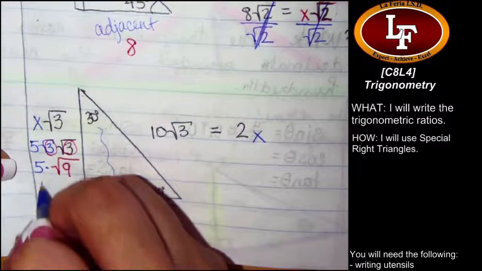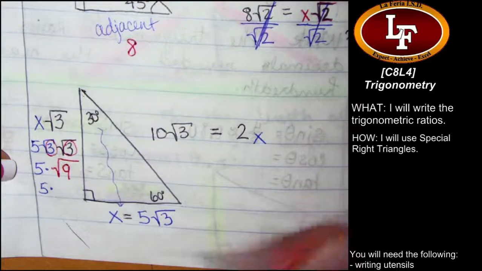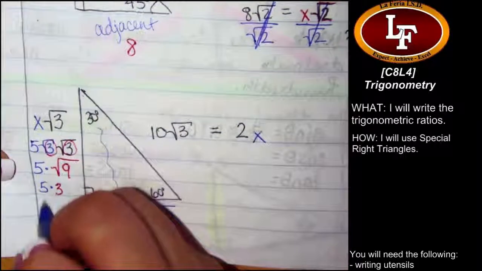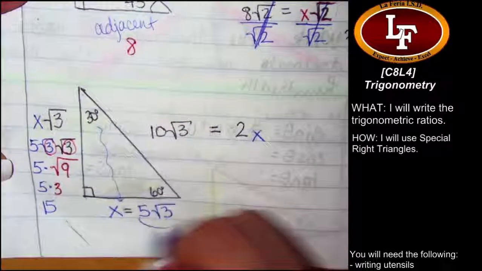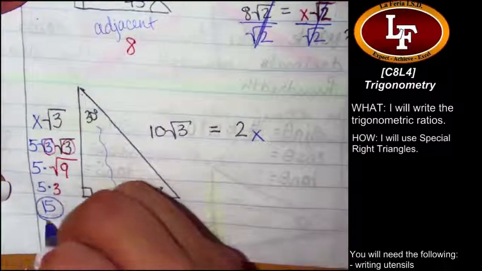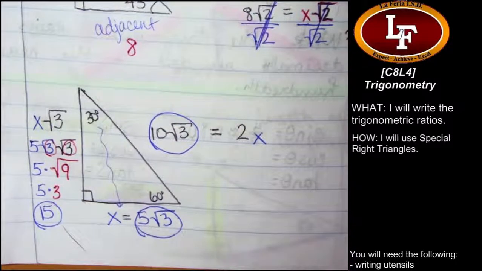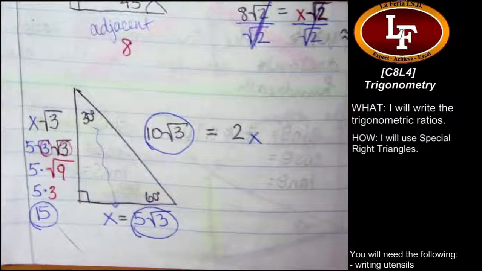Now we're going to figure out what the square root of 9 is. 3. 5 times 3 is? 50. And now we have the short side, the middle side, and the hypotenuse. So far, so good?